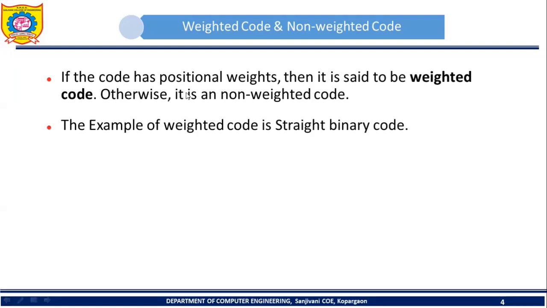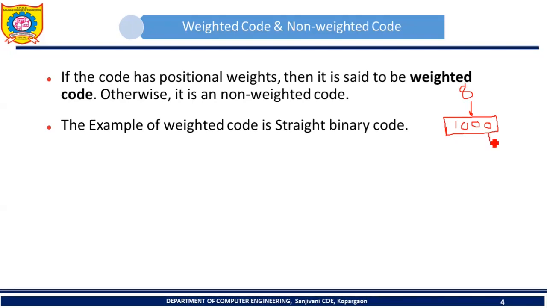So let's see an example. The example of weighted code is straight binary code. Consider a decimal number, suppose 8. How is 8 represented in binary form? How can we represent 8 with the help of straight binary code? It is 1, then 0, 0, 0. In this binary code, each and every bit has some weight assigned to it.